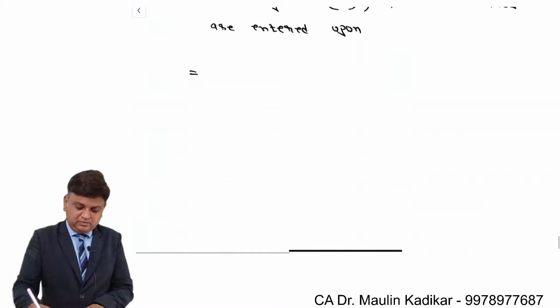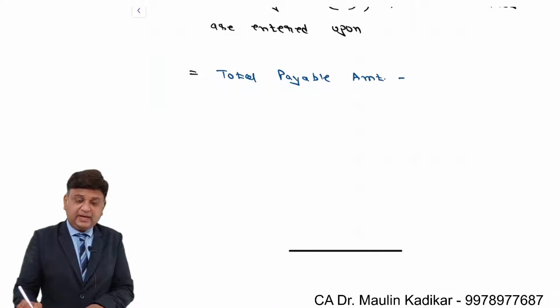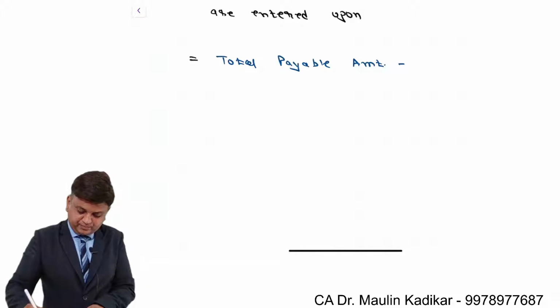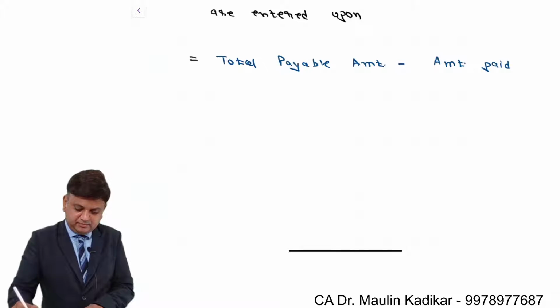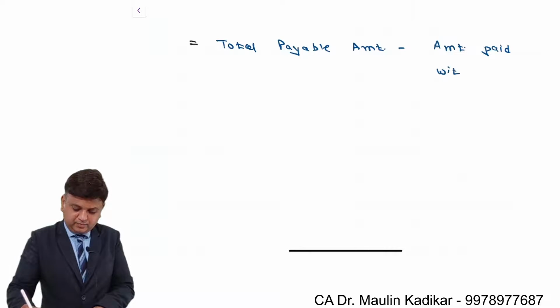So in that write down, total payable amount minus amount paid with option contract.